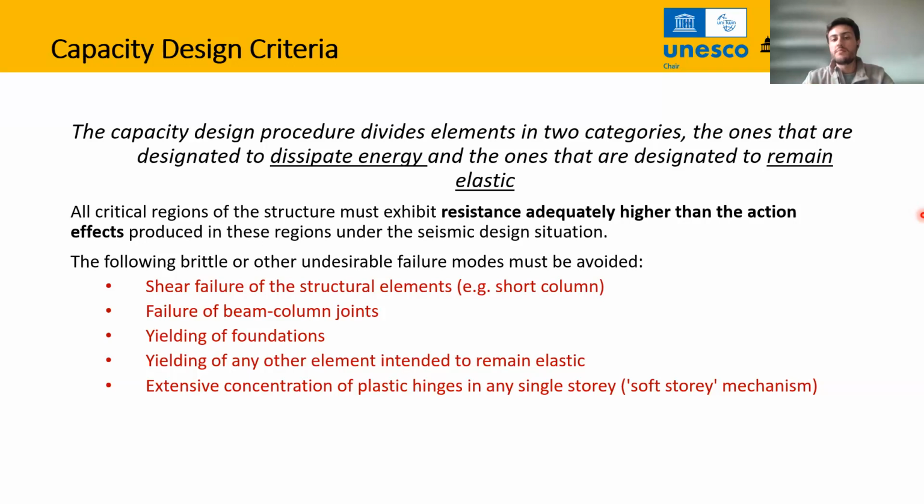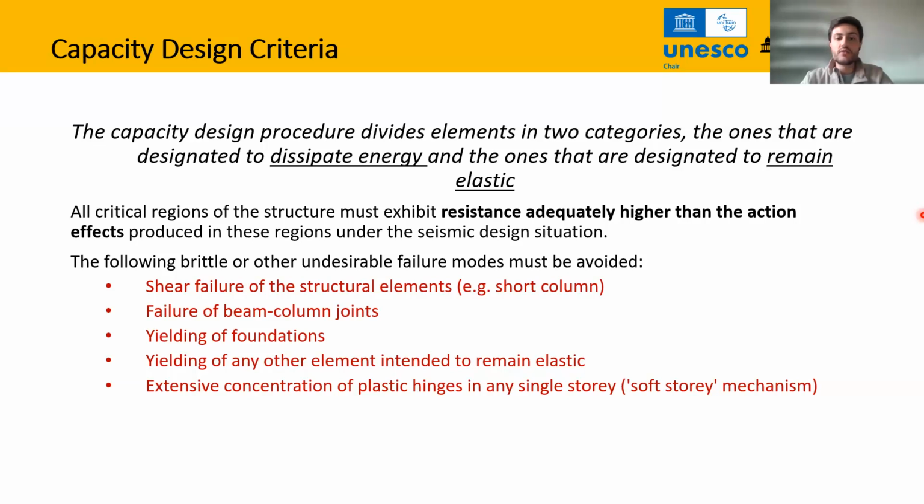And of course, this depends on the region where you are designing your building. So it's very important to understand that the fundamental philosophy behind the design nowadays is to avoid the undesirable failure modes.